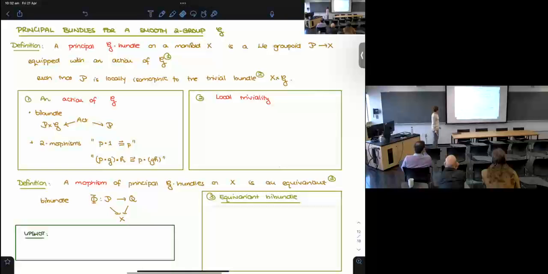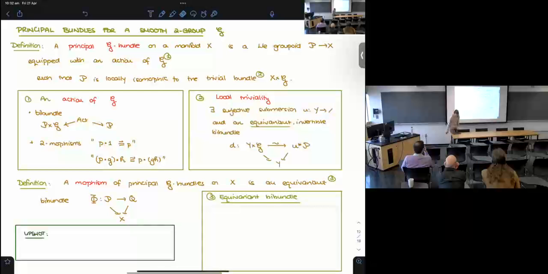Okay. What does it mean to be locally trivial? It means that there's a surjective submersion Y to X and an equivariant invertible bibundle that goes from Y cross G, that's the trivial bundle over Y, into the pullback. So we can do some pullbacks.